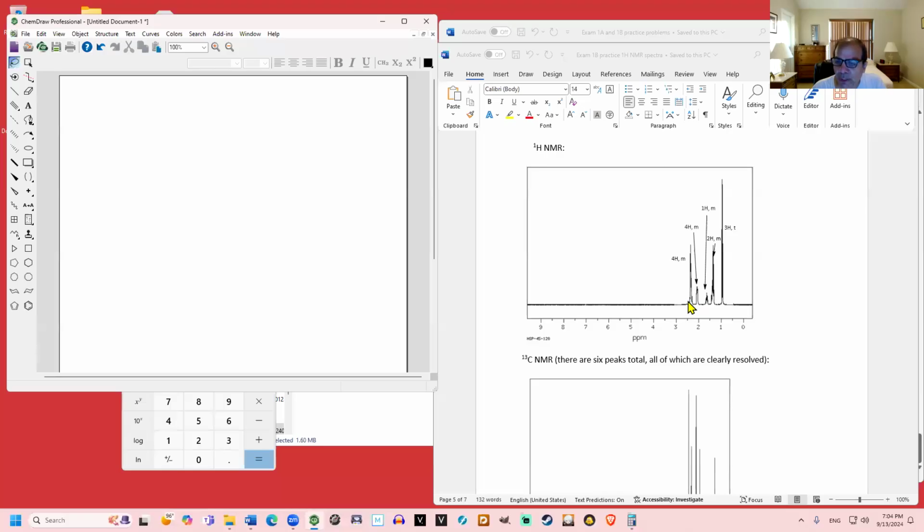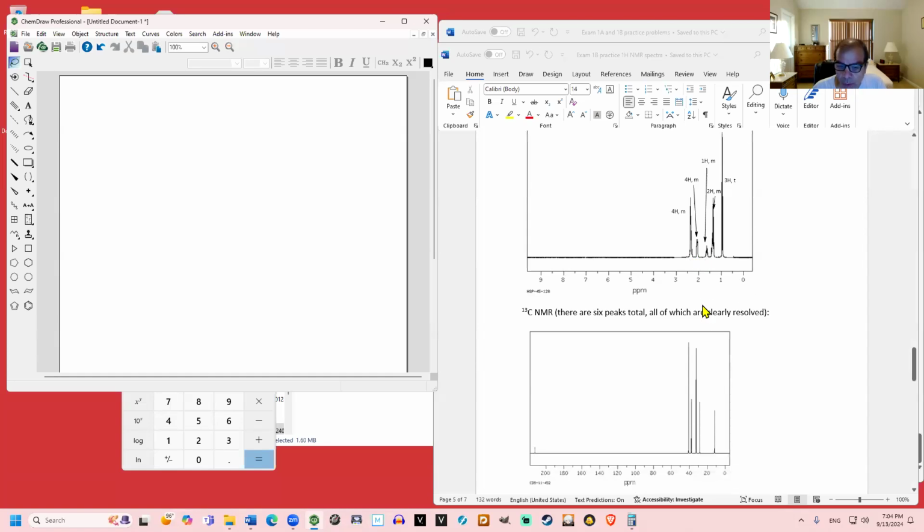These are downfield enough that it looks like they might be next to a carbonyl. We would say they could be next to a benzene ring, but there's no aromatic hydrogens. We would say they could be next to a vinylic carbon, but there's no vinylic hydrogens either. So it's hard to see how else we could get peaks that are in this range unless there is a carbonyl somewhere in the molecule.